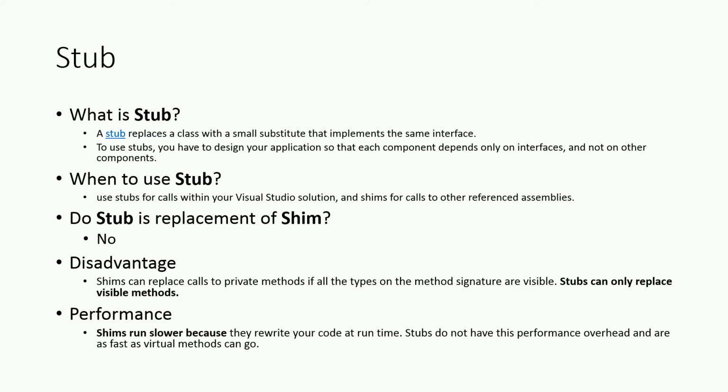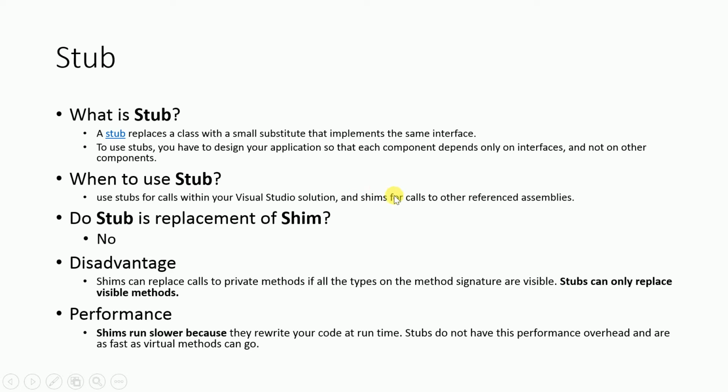So when to use stub? Use stub for calls within your Visual Studio application, and shim for calls to other referenced assemblies. It's true because, as I just told in the previous point, stub can only be used for an interface. For third-party DLLs we cannot expect an interface.